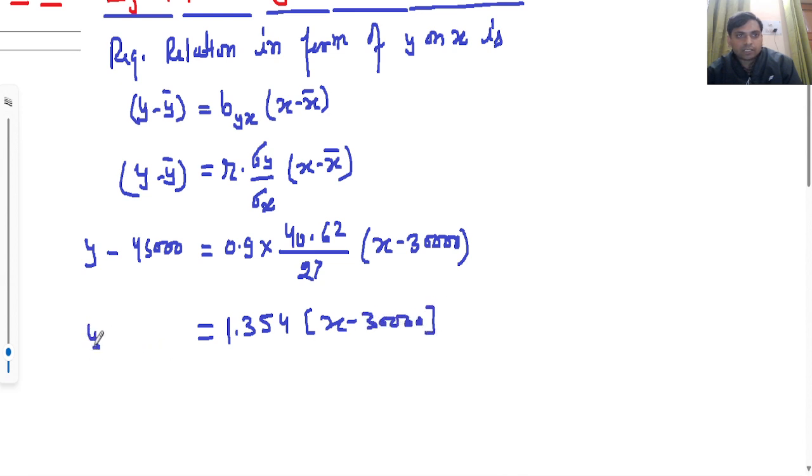Now on multiplication, this is 1.354x, and 1.354 into 30,000 equals 40620, and this is Y minus 45,000.